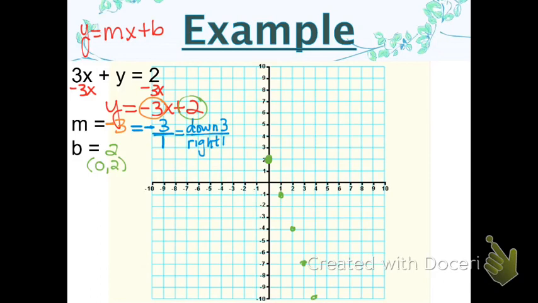So instead of down 3, right 1, you could do up 3, left 1. So I can keep going up 3, left 1. And then connect those points with a straight line, remembering the arrows at the end since they go forever in each direction.